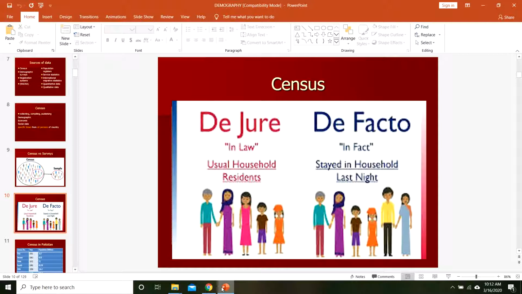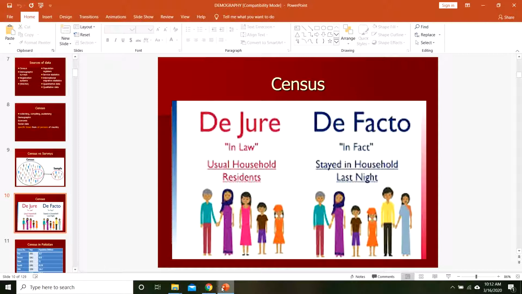In case of de jure census, we calculate the total number of people who usually reside there and are part of that household, which reflects the total count of that household.